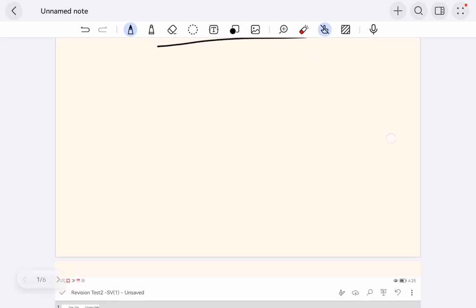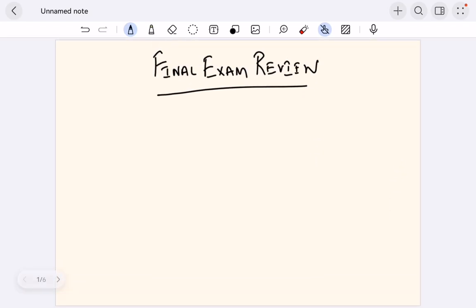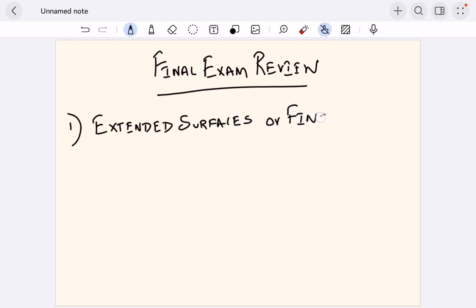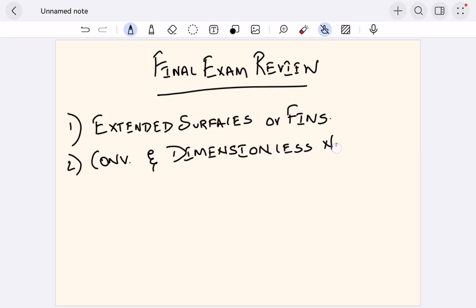Right. So, basically, you know that we have three topics: extended surfaces or fins, then we have convection and dimensionless numbers, and we have heat exchangers.